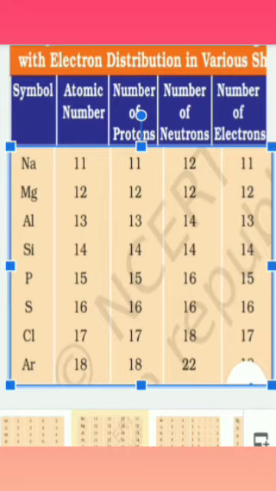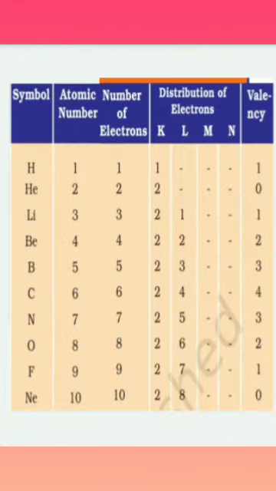And then argon atomic number 18, protons 18, electrons also 18, and neutrons 22. So atomic mass of argon is 40. And then distribution of electrons. So atomic number 1, number of electrons also 1, then distribution.